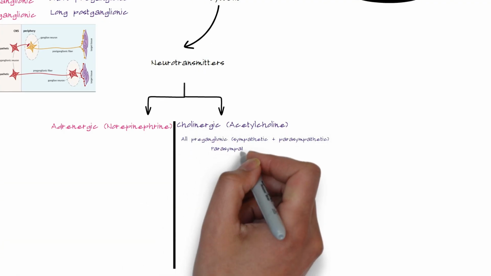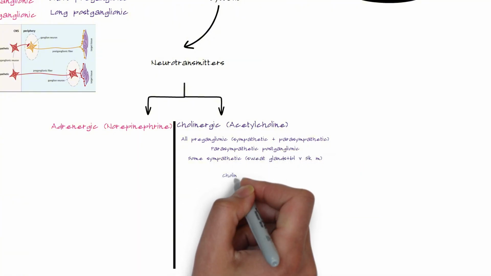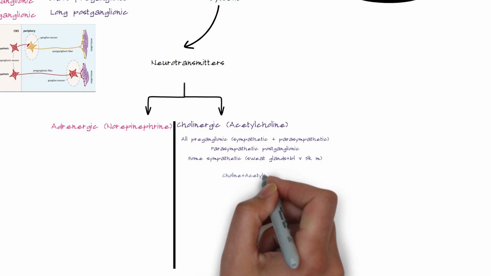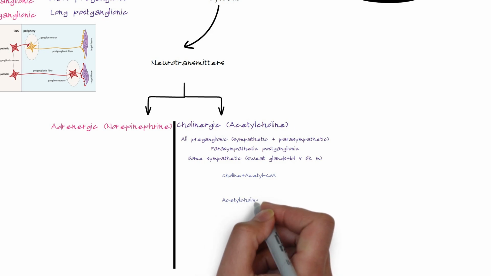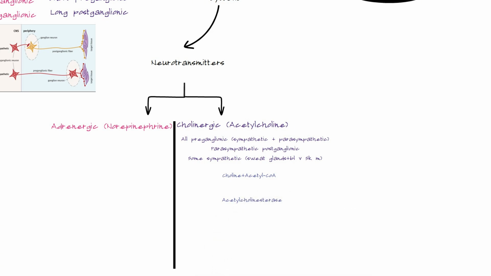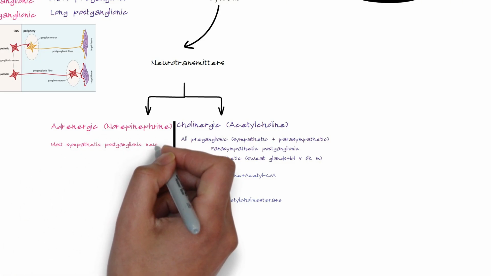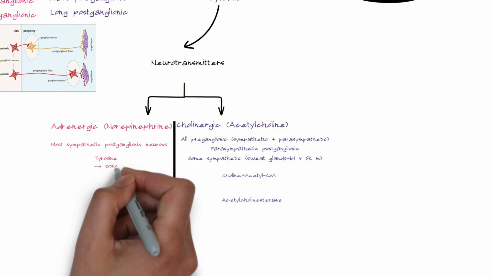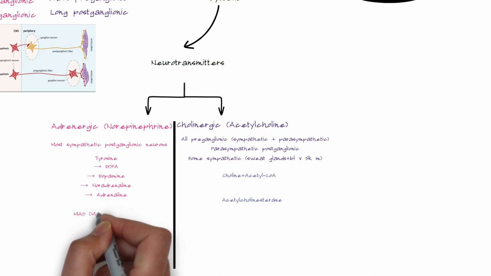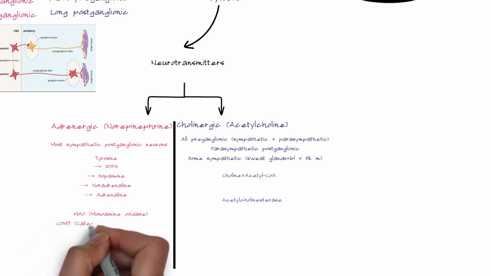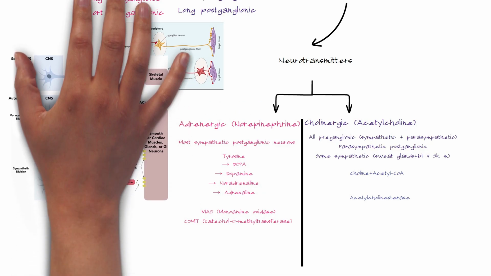And now let's talk about the adrenergic neuron, which secretes norepinephrine. And it's released from most of the sympathetic postganglionic neurons, except the postganglionic sympathetic to the sweat glands and the blood vessels of skeletal muscle. It's formed from tyrosine, which is converted to dopamine, and then norepinephrine, and then epinephrine. And its breakdown is by the MAO and COMT enzymes. Let's talk about the receptors.